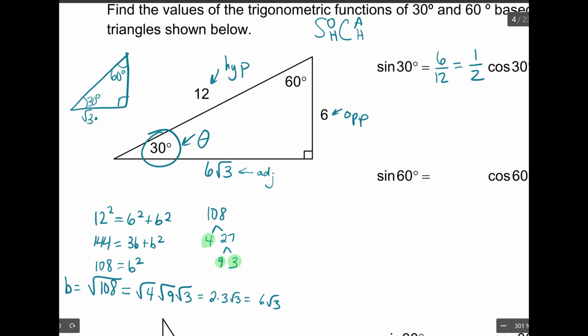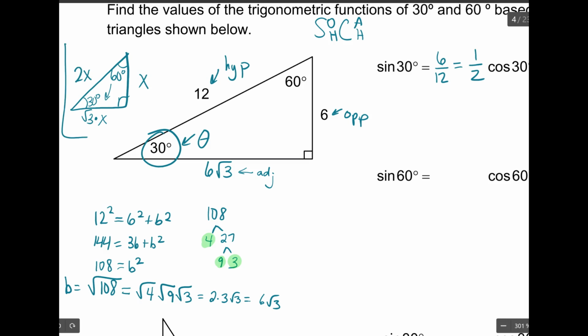Across from 30 degrees is going to be your short side, and I'm going to label that length x. Across from the 60 is the longer leg. It's going to be root 3 times whatever your short side was. And your hypotenuse is going to be 2 times your short side.